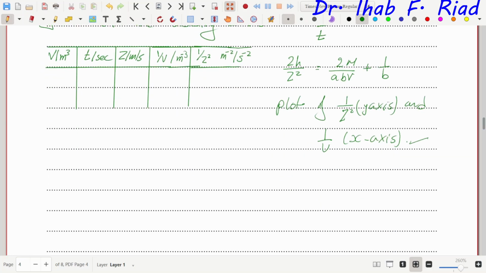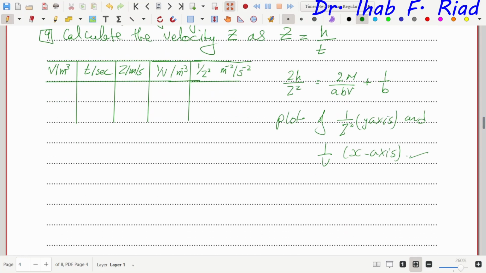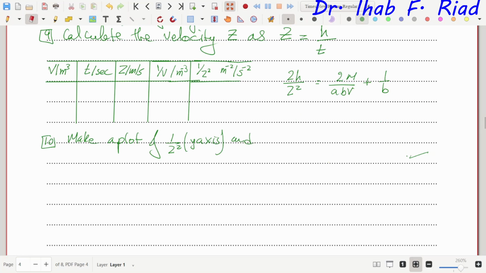Now we say make a plot of 1 over z squared on the y-axis and 1 over v on the x-axis.